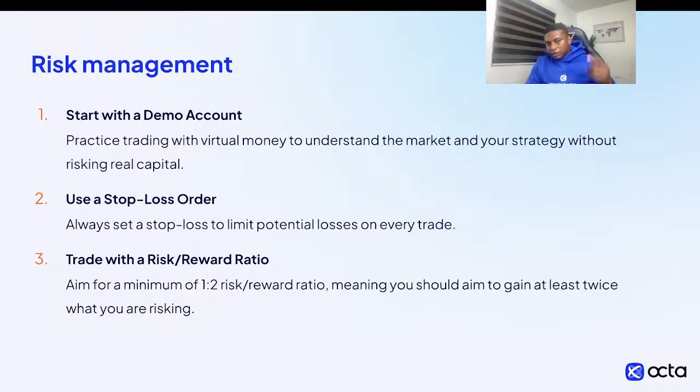The third one is to trade with a risk to reward ratio. In my analysis, as I pick my trades, you can see that my losses are half of my profit. So I'm looking to make twice my loss. It should be 1 to 2 and above.